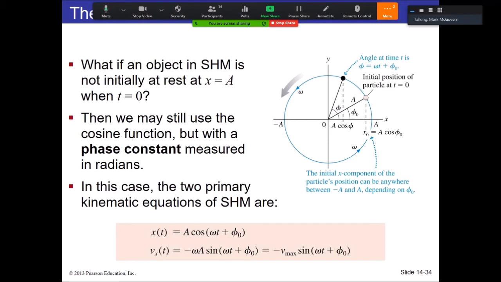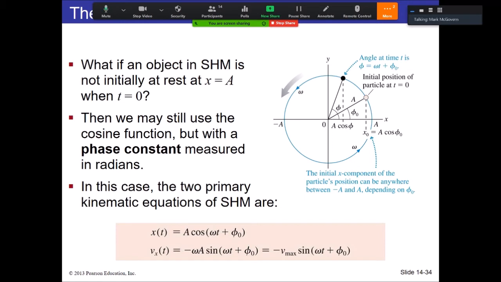Incorporating a phase constant just basically takes the omega t, which is the argument of the sine and cosine functions, and adds in a constant factor. We label that here phi naught. In order to figure out what phi naught is, you have to be told the initial conditions of your object. You'd have to know some information about how the motion starts.